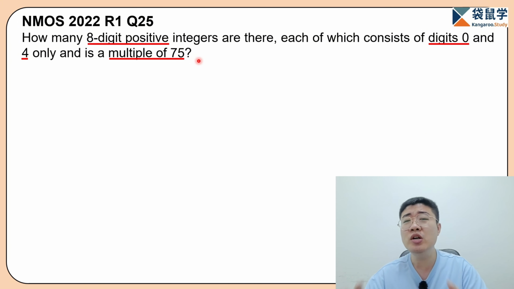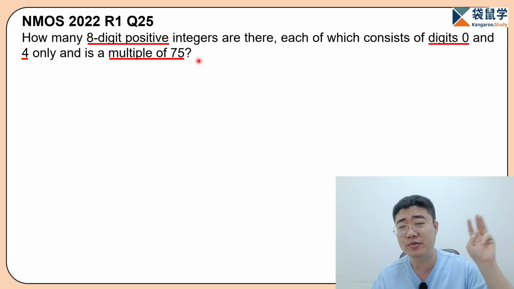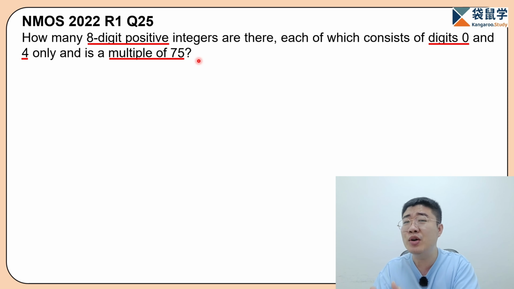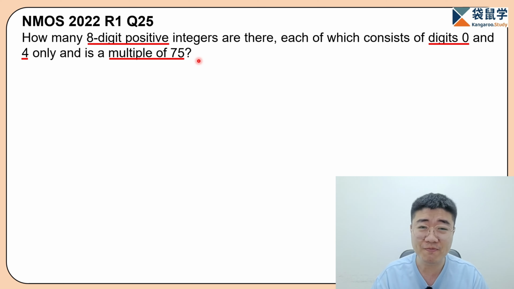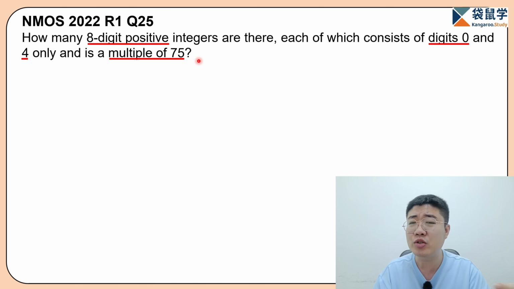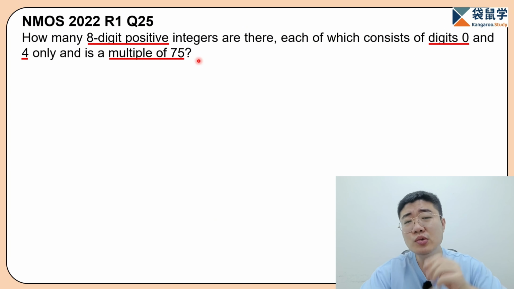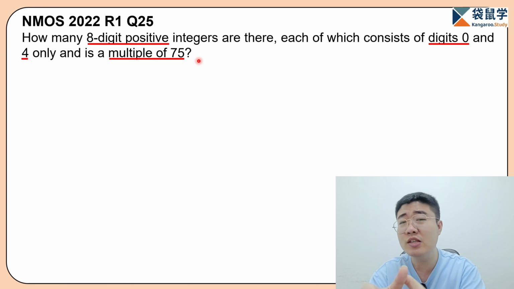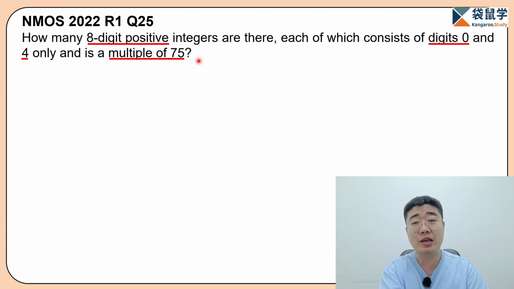But like the question we've done before, for example, if you are asking for a number that's divisible by 2 and also divisible by 3, we're going to notice that this is just asking for a number that's divisible by 2 times 3, which is a number that's divisible by 6. So similarly, for the number 6, instead of checking 6 directly, you can split it into 2 times 3.